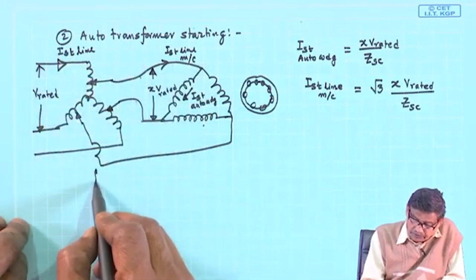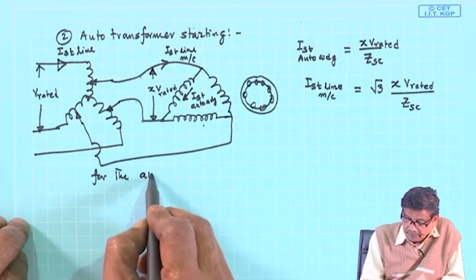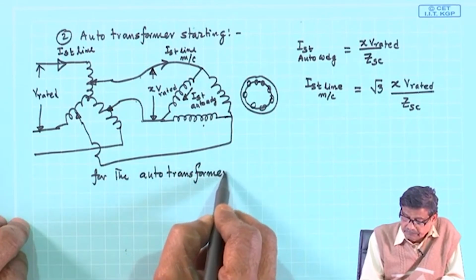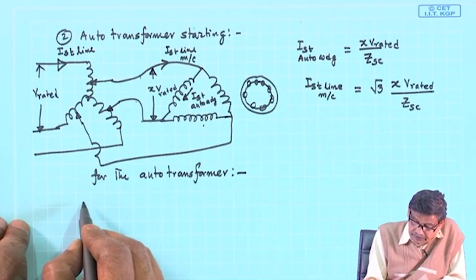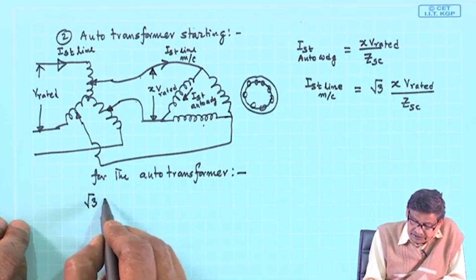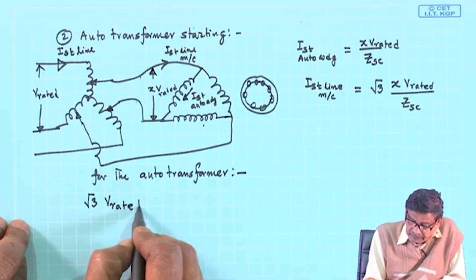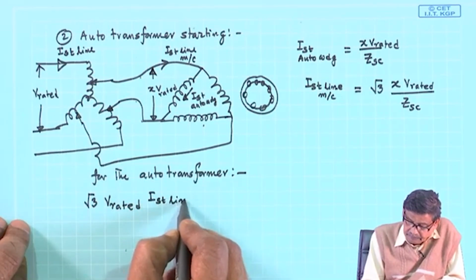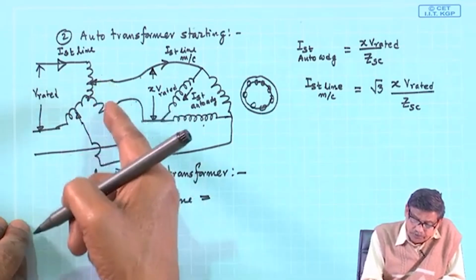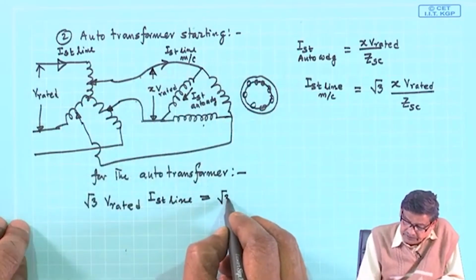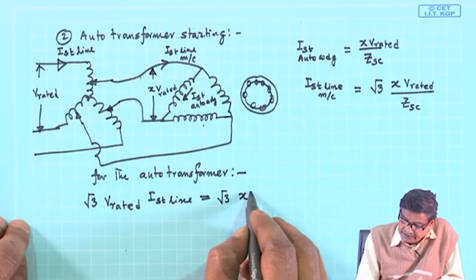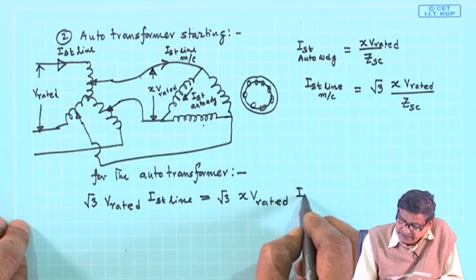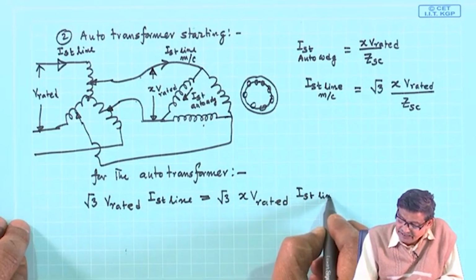So, for the auto transformer, input volt ampere is root 3 V rated into I starting line, which will be the same as the output of the auto transformer, that is root 3 times line to line voltage x V rated into line current, that is I starting line machine.